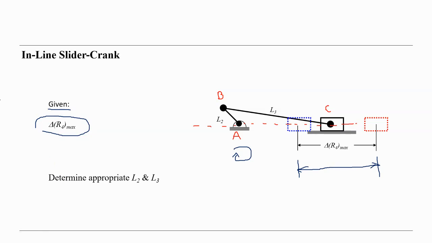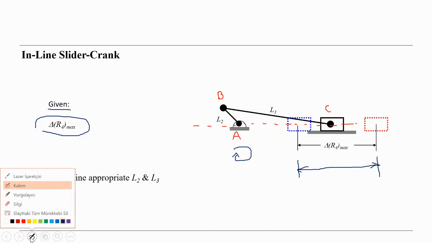Why inline? Because we need only the linear motion. We have another example with the offset slider crank mechanism, and you will see it affects the output motion, and this type of output motion is different. The desired output motion here is linear, but let's check it as a graph.